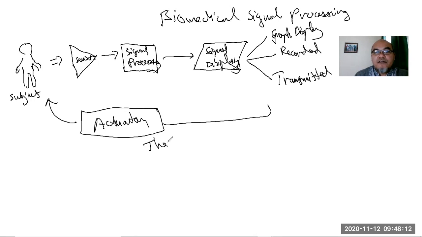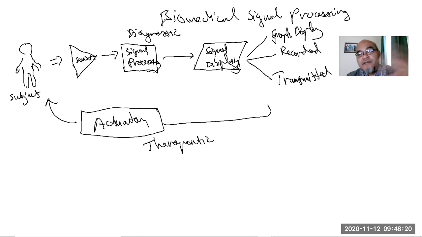This is already in a therapeutic case, while mostly we are still in the diagnostic part. Even now, the diagnostic part has not been done completely online or in real time. Mostly in most clinics, even hospitals, they still do it offline, but the data are already being recorded.